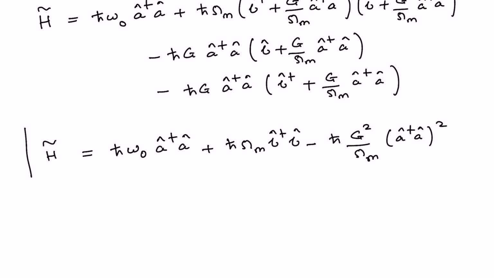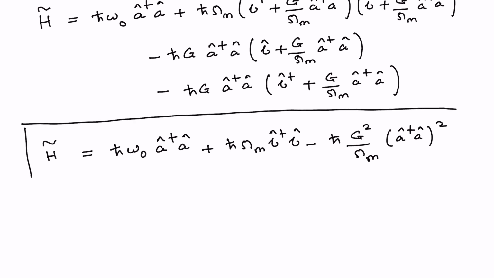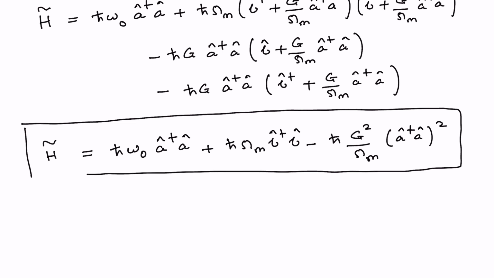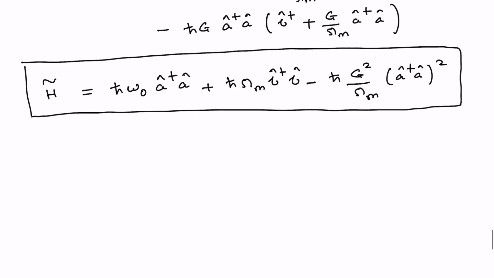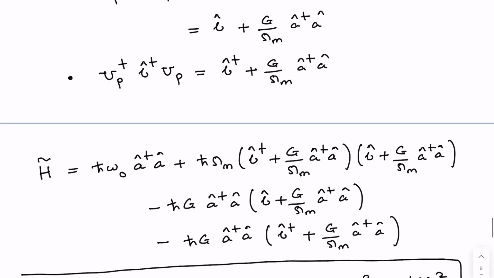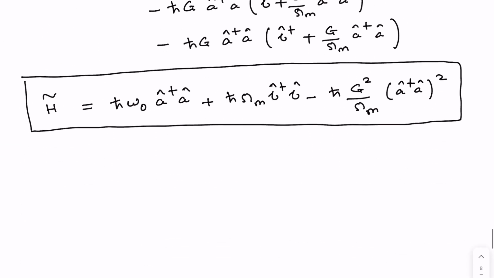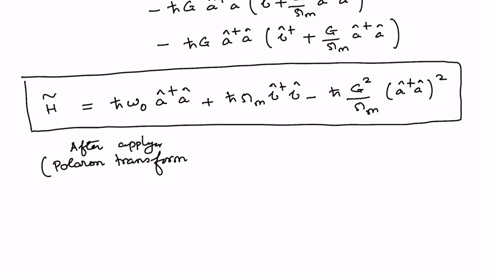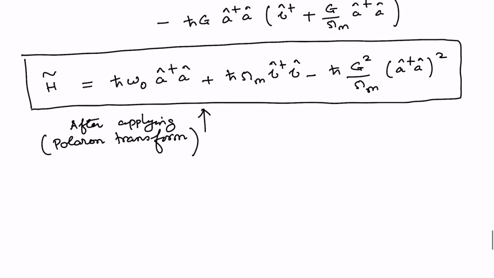So this is the transformed Hamiltonian we have got because of this transformation. We have used what is called the polariton transform. After applying the polariton transform, this is what we got.